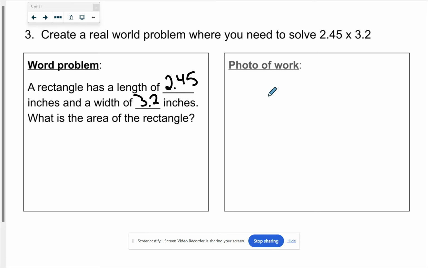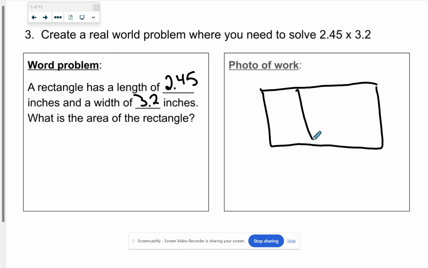I am going to use the grid model because it is tried and true and it works. Since our first number has 3 digits, I'm going to make 3 columns. Second number has 2 digits, so I'm going to make 2 columns. 245 is our first number. 30 and 2 is our second number.